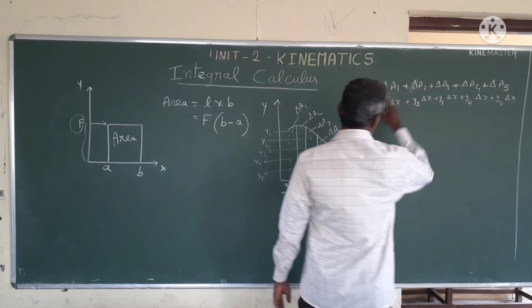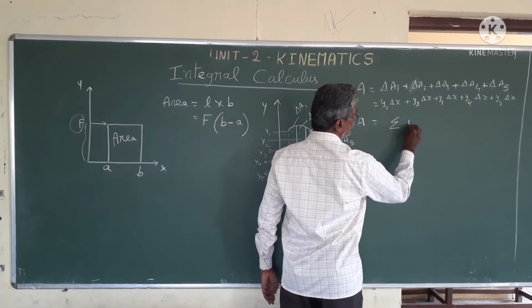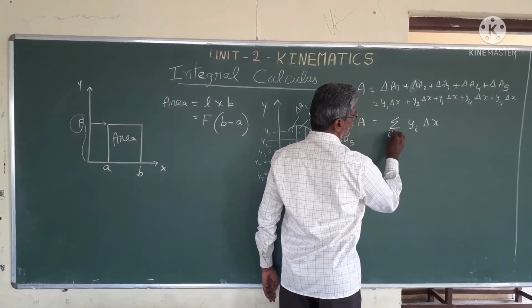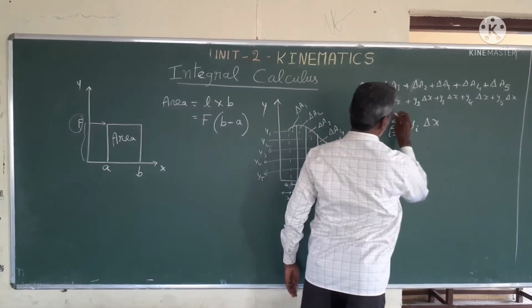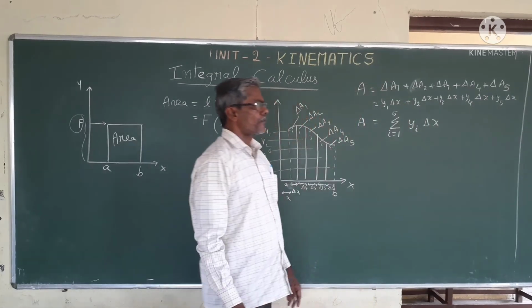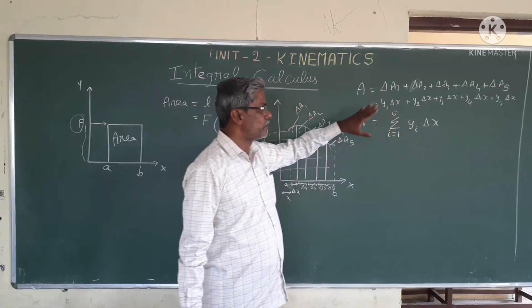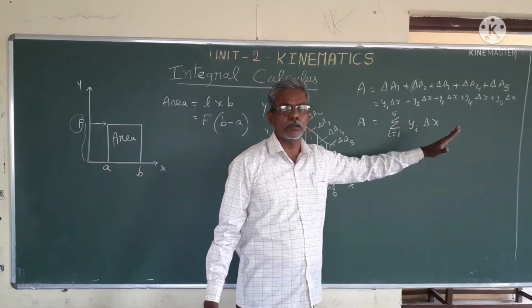So, in general, I can write the summation of yi delta x, with i starting from 1 up to 5. If I add these values, that gives the total area, whether accurate or not.